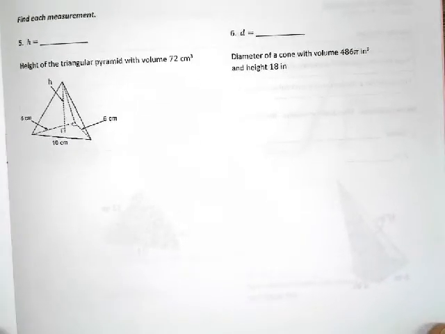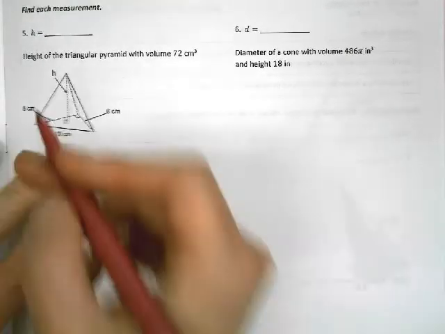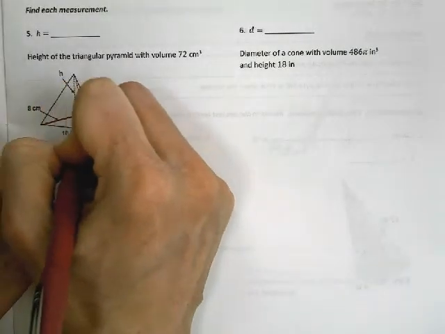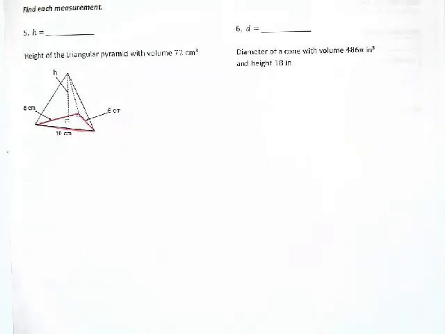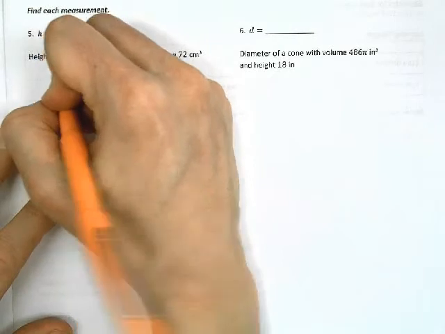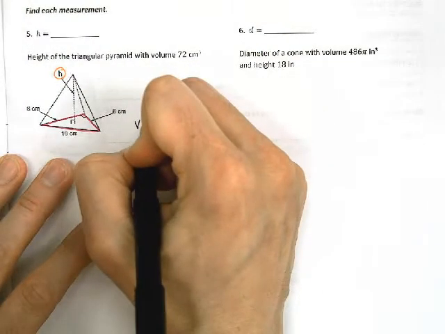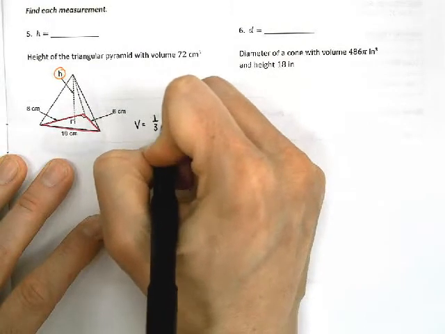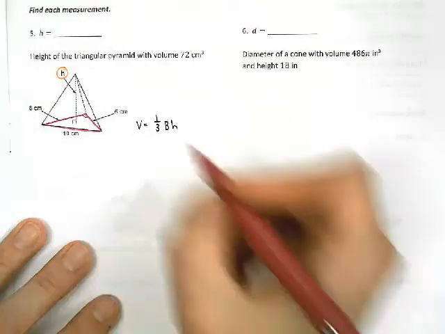Okay, so for number 5, we're trying to find the height. We have a triangular pyramid here. So here's my triangular base. And we're trying to find the height of that pyramid. And so here's what we're going to do. Our volume is 1/3 times the area of the base times the height of the pyramid.